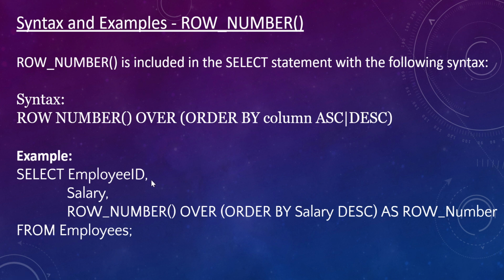This is how we will write our query: SELECT employee ID, salary, and this is the newly formed column that will be created using this query, ROW_NUMBER(), then OVER (ORDER BY salary DESC), which is for descending, AS row number. We should give an alias, or name this newly formed column, and here we can name it row number. And then FROM employees, this is the name of the table from which we are taking the values.